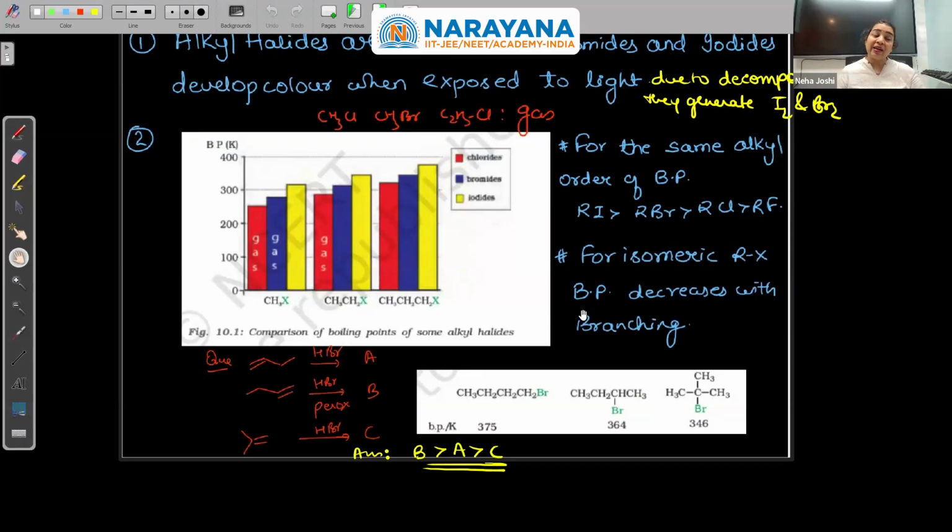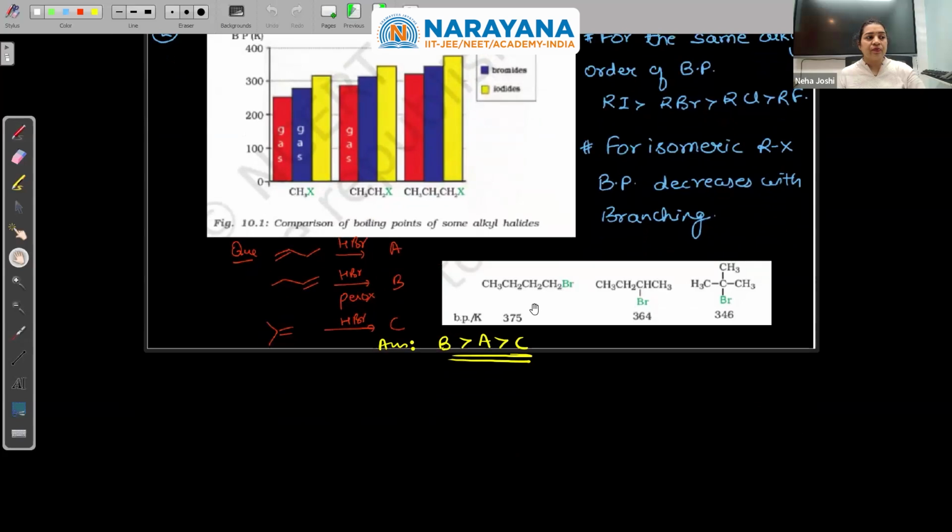For isomeric alkyl halides, if the formula is absolutely same, then the boiling point decreases with branching. More the branching, less will be the boiling point. See? Right? Now see here, this is a 2 degree, 3 degree. So 3 degree is taken as more branching.